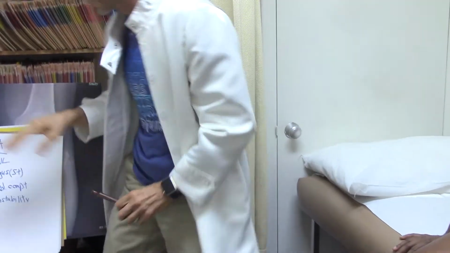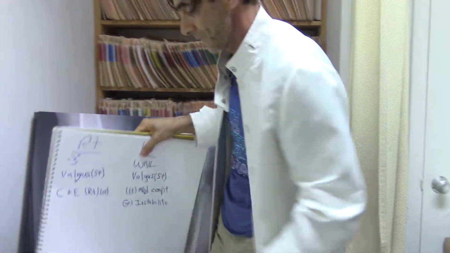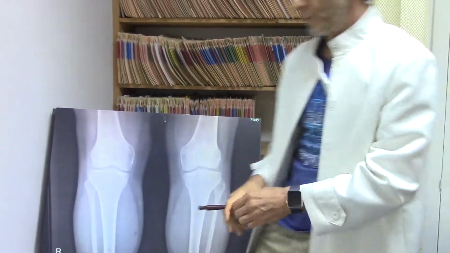Now, these are the x-rays, and I'm going to show them to you now. Remember, Carlos, you can come to me now. Remember, the clinical examination gives me about 90% of what I need to know. The x-rays and the biometrics, these graphs that I do on the x-rays, give me the other 10%, which pretty much gives me a good idea of what the reality is of the knee.